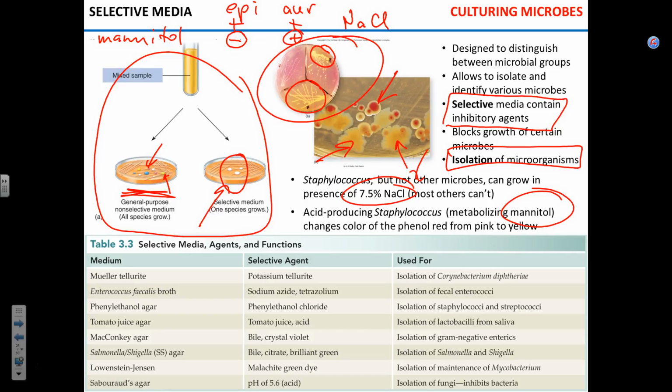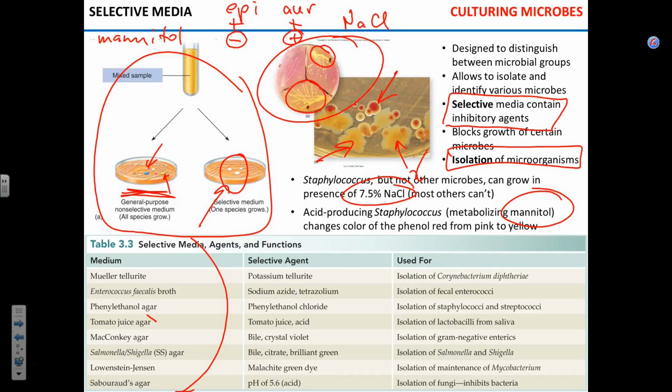Right? This is the list of various media. You don't have to know that list, and you don't have to know what we use them for. I'm going to give some examples that we're actually going to use.